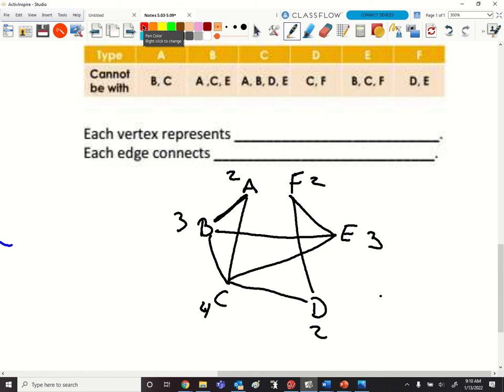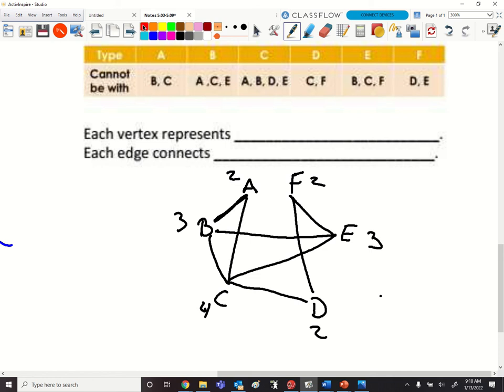Now, we start with which one? Which one are we going to start with? Why am I going with C? It's the highest valence, right?